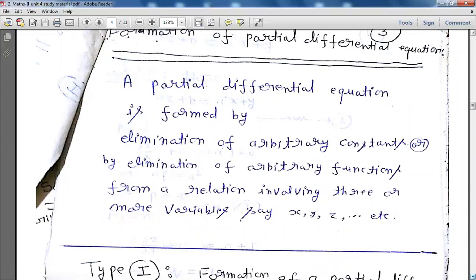A partial differential equation is formed by the elimination of arbitrary constants or the elimination of arbitrary functions from a relation involving 3 or more variables, say x, y, z, etc. If a relation of variables is given, we can form a partial differential equation by the methods of elimination of arbitrary constants or elimination of arbitrary functions.